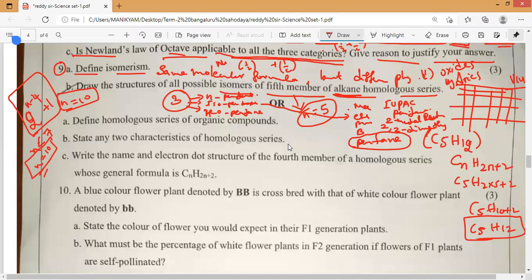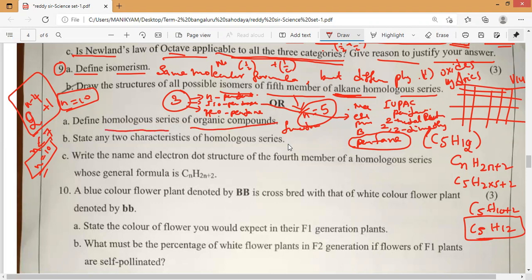Next, define homologous series of organic compounds. What is a homologous series? Very simple. Homologous series means the same functional group. Yes or no? That is the main thing. Same functional groups, as well as the substitutes for hydrogen, and you can also notice it in a carbon chain. So a series of compounds with the same functional group or same general chemical formula, we call a homologous series.